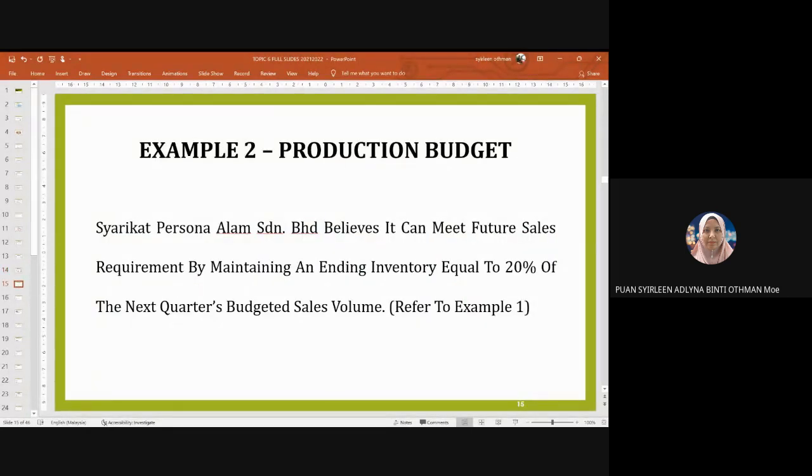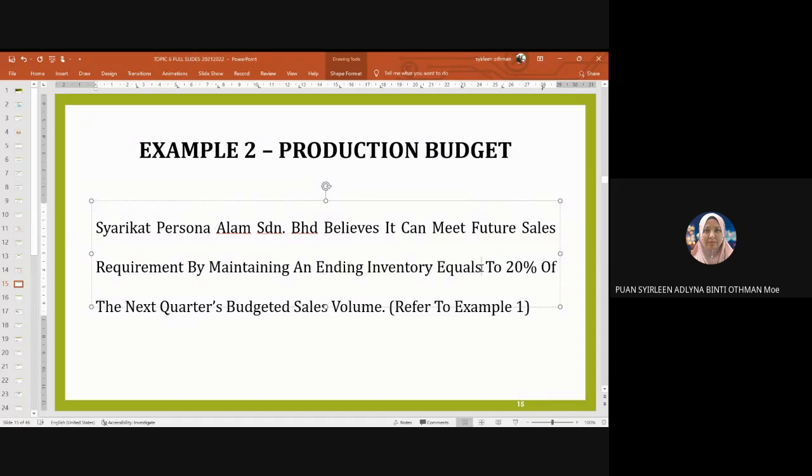Example 2. Syarikat Pesona Alam believes it can meet future sales requirement by maintaining an ending inventory equal to 20% of the next quarter budgeted sales volume. What is that saying? It tells us that now they want to prepare a production budget, and in preparing it they have an ending inventory policy.